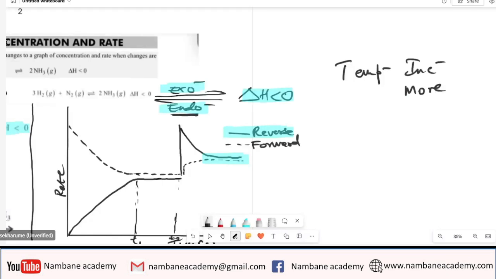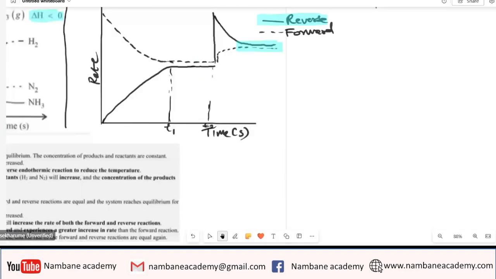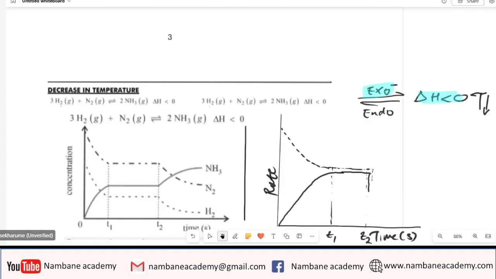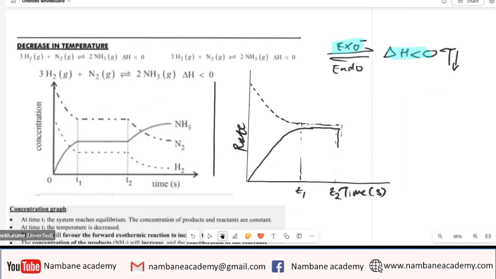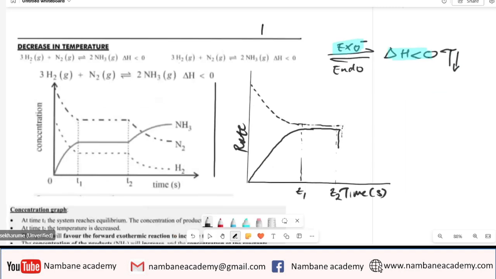The one that is favored is going to increase more. If you decrease the temperature, decrease is less, increase is more. So if you talk about the decrease in temperature, you are referring to less.